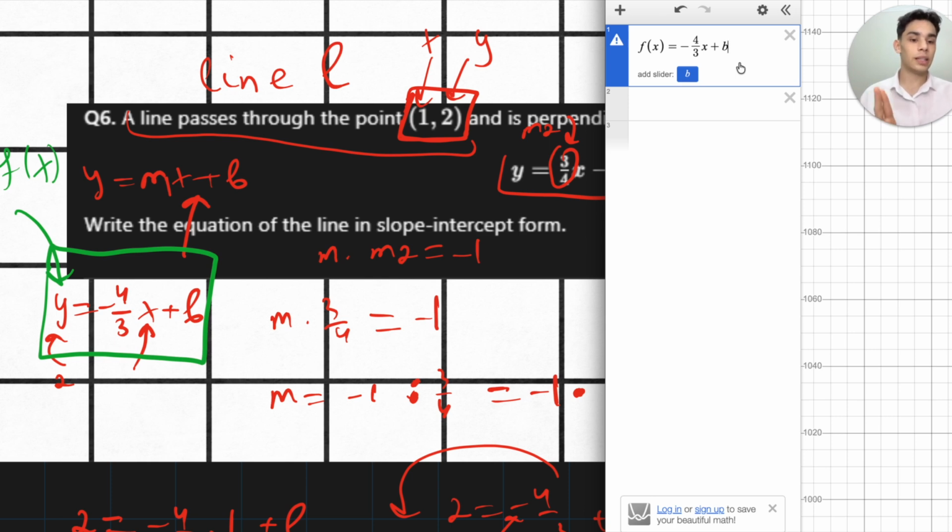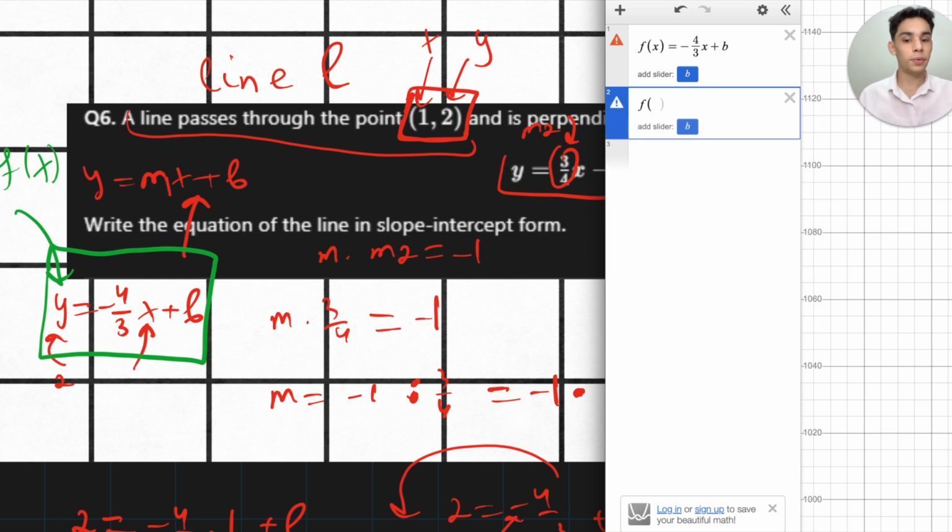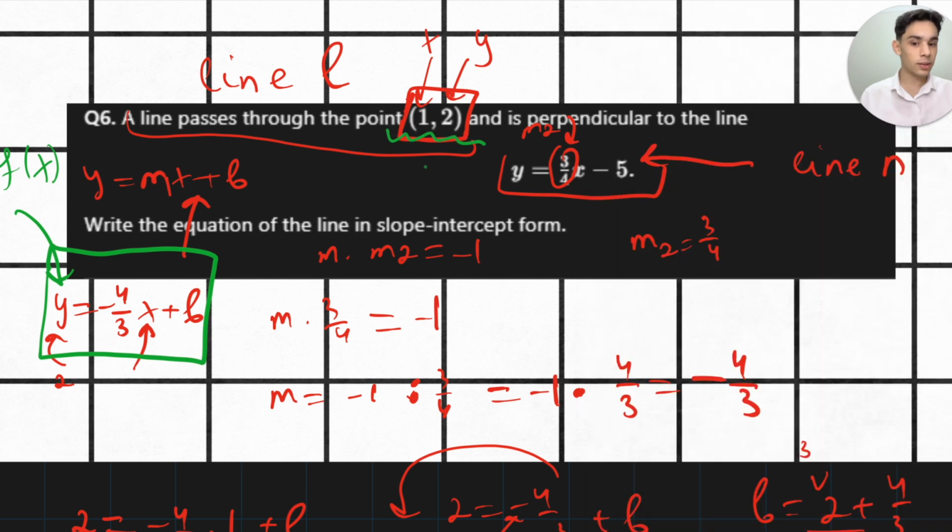Second step, please pay attention to this part. When we have letters that we don't know the values of, we always use the regression sign, which is this sign right here. What I need to do is f, open parentheses, I will just plug in my coordinates. 1 is x, 2 is y, right?